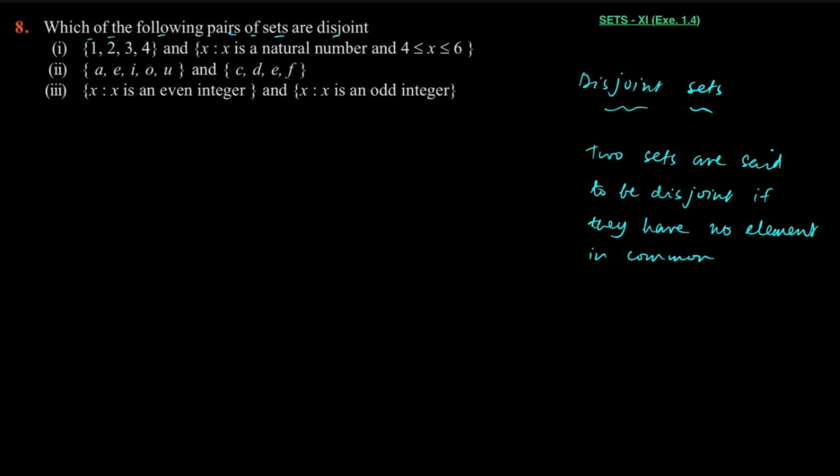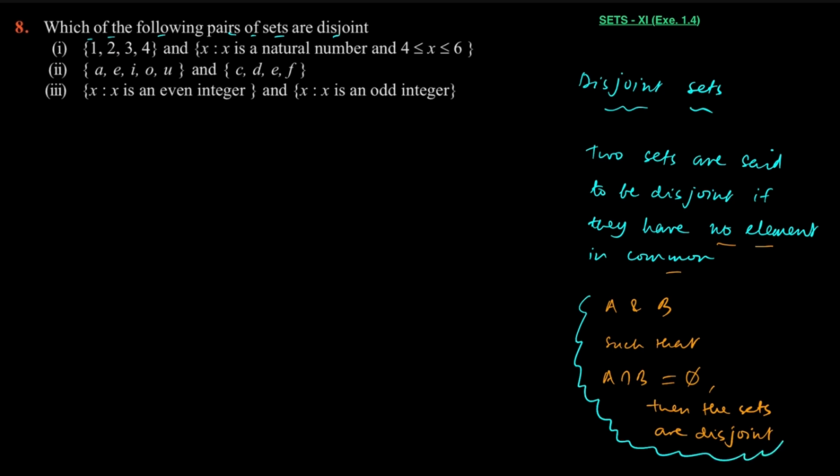So if two sets have no element in common, then those two sets will be disjoint. So if we have two sets, sets A and B, such that A intersection B is an empty set, meaning that there is no common element in these two sets, then the sets are disjoint. So this is the condition for sets to be disjoint, that their intersection should be an empty set.